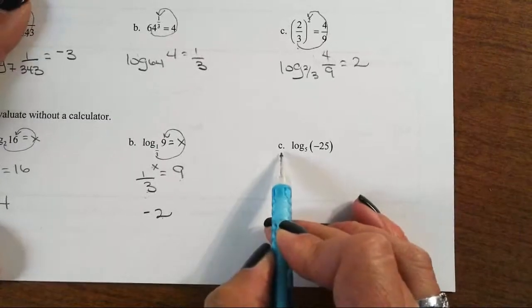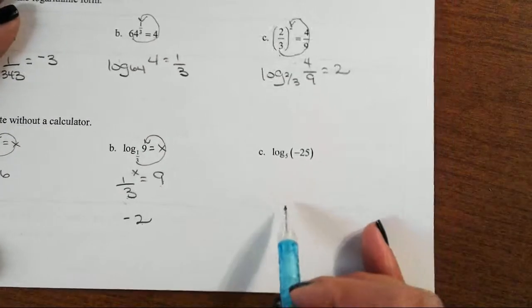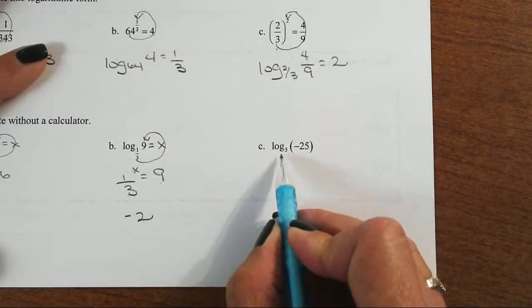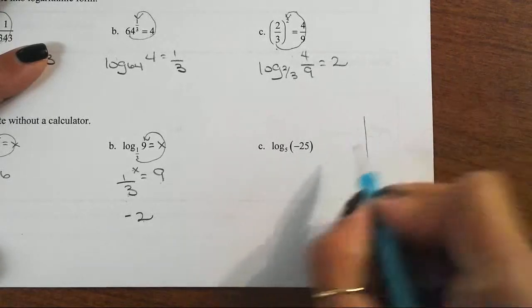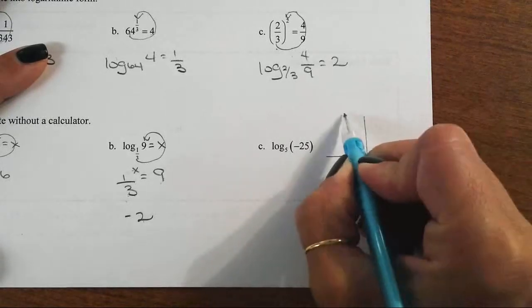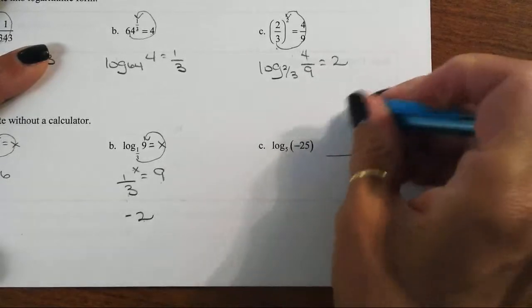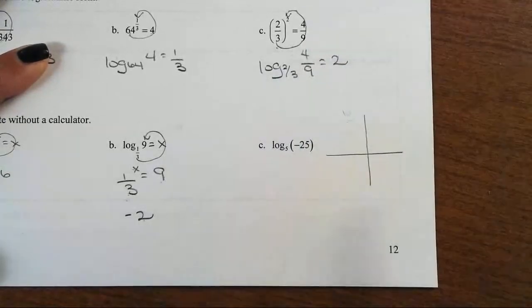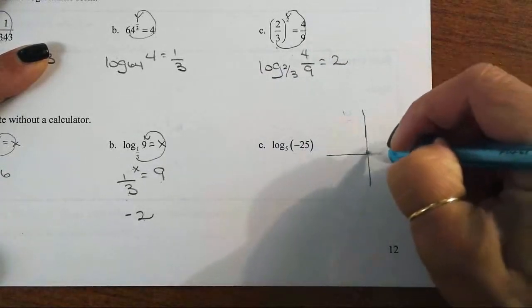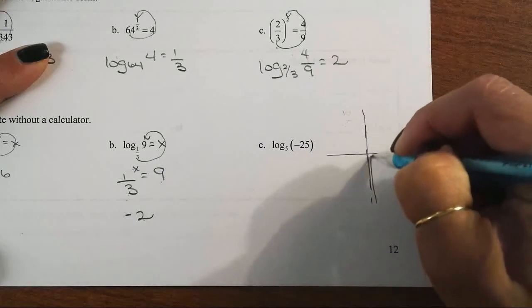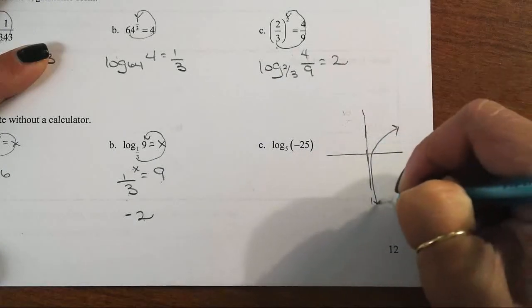In the case of this last problem, let's reflect back on the graph of a logarithmic function. If I were to sketch log base 5 of x, the graph would look something like this. It is just a sketch of the parent function.